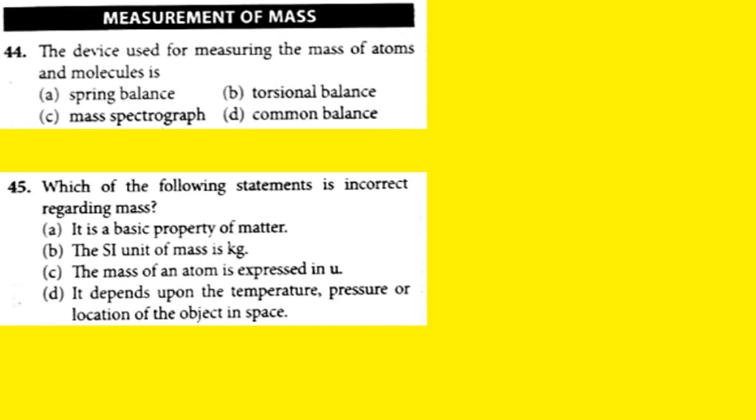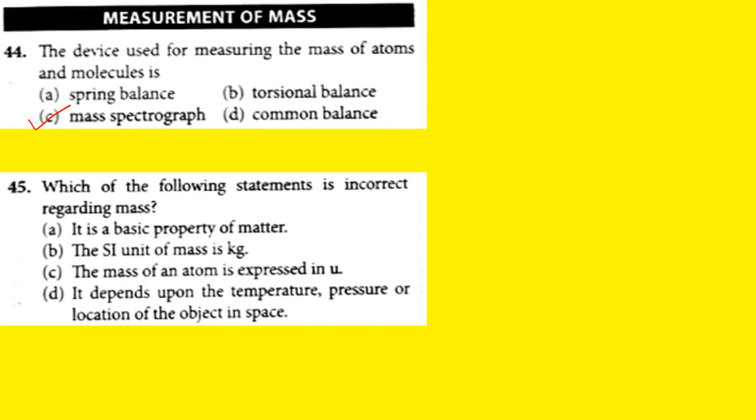Now question number 44. Measurement of mass. The device used for measuring the mass of atoms and molecules is, not the spring balance, not the torsional balance, not the common balance. The answer is mass spectrograph.